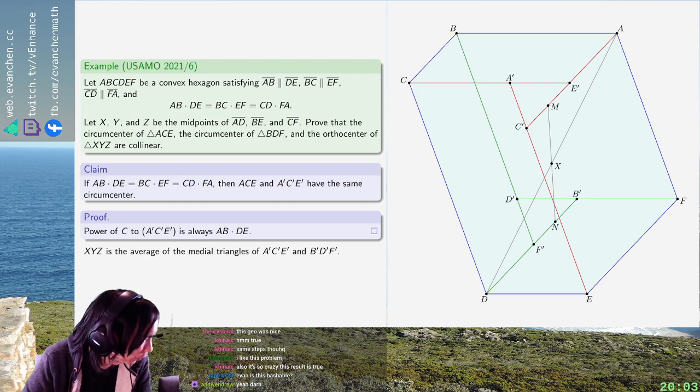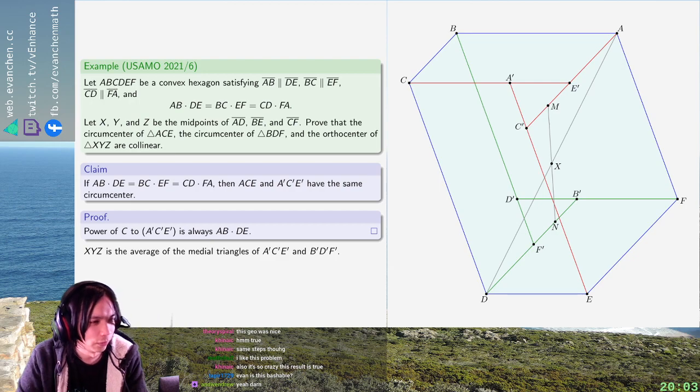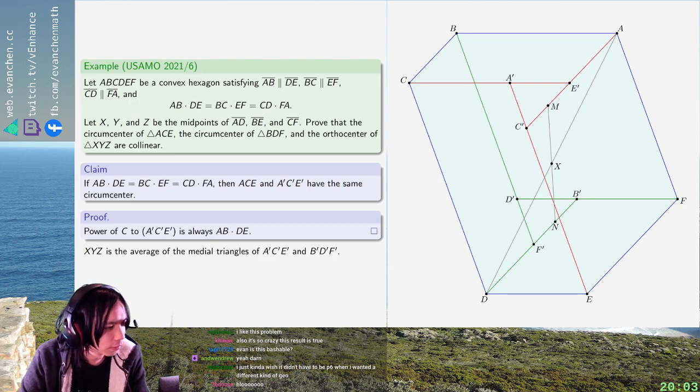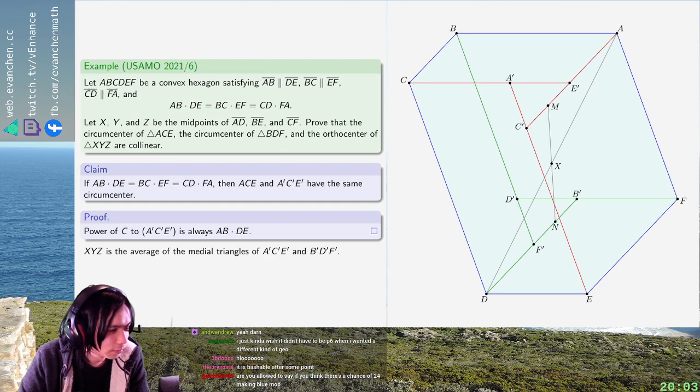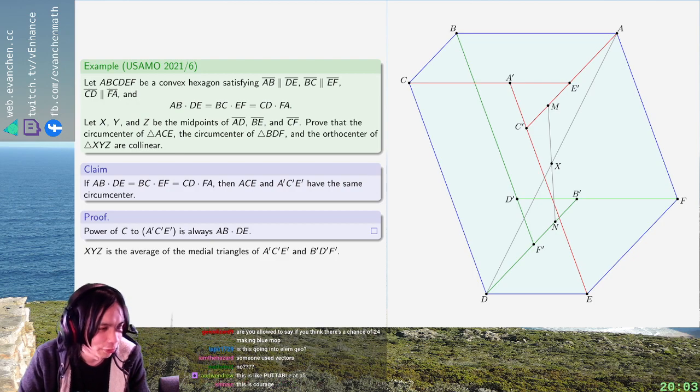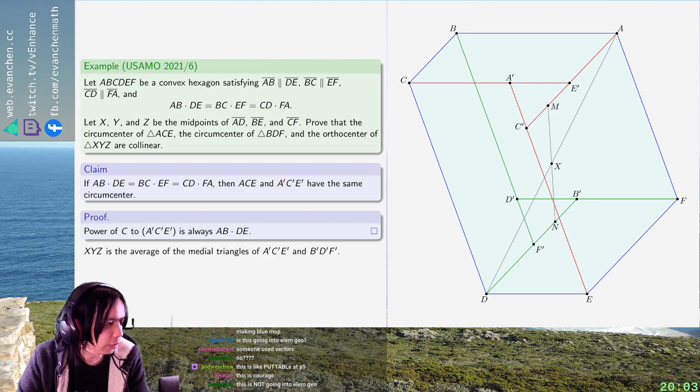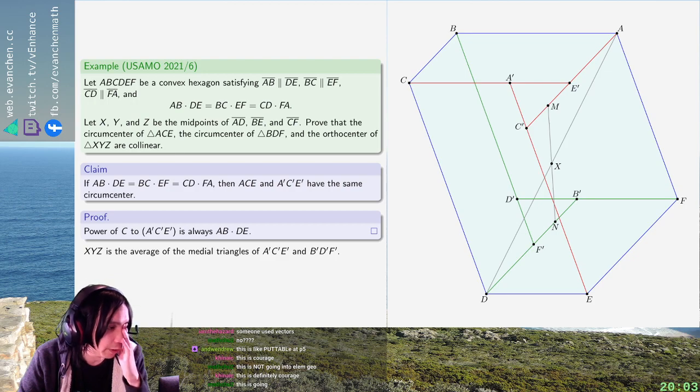Evan, is this bashable? I don't know. Evan, are you allowed to say if you think... Oh, I am allowed to say, and right now I don't really know. Because I actually haven't even been looking at AoPS, so I don't know what kind of scores people are claiming.